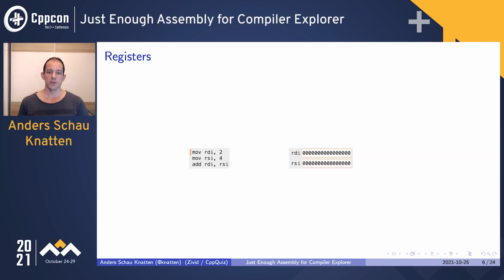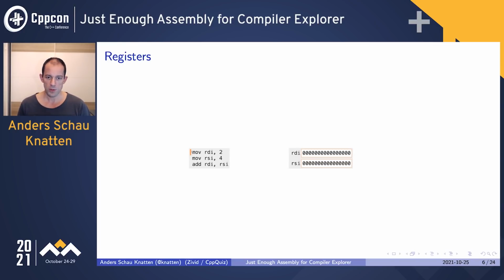So if we start on this first instruction, that's a move instruction. And just like in C++, move does not mean move. In assembly, move means copy. It means to copy one of the operands into the other. And in this talk, on the slides, I'm using the Intel assembly syntax, because I find it more readable, and it seems to be the popular option these days.